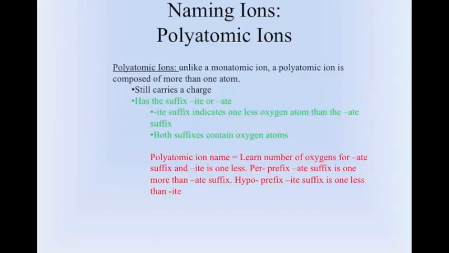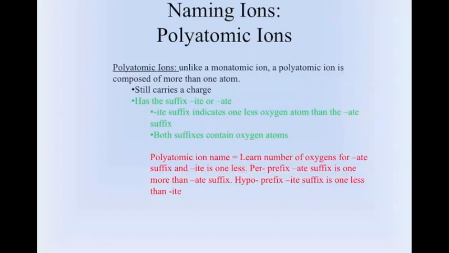So the polyatomic ion name depends on the number of oxygens: the "ate" suffix is the reference, and the "ite" is for one less. The per prefix with the "ate" suffix is one more than the "ate" suffix, and the hypo prefix with the "ite" suffix is one less than "ite". Okay, so that sounds a little bit confusing.